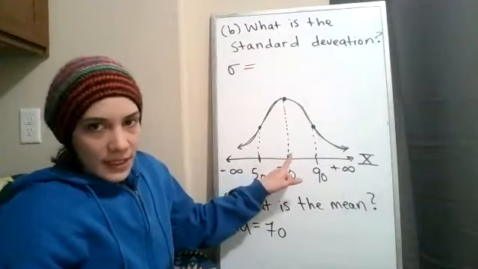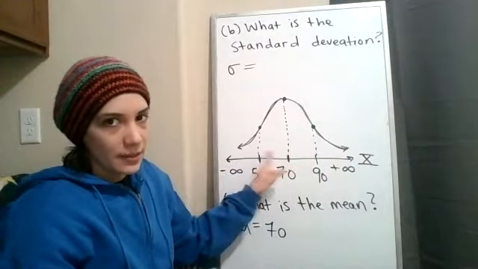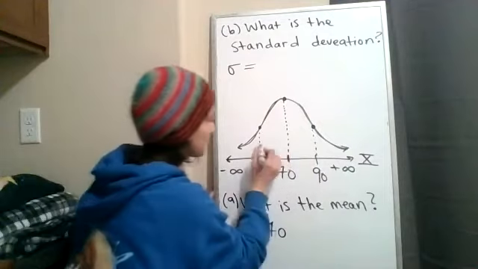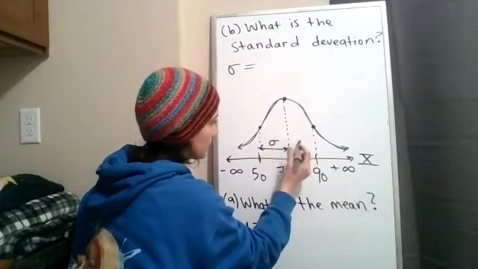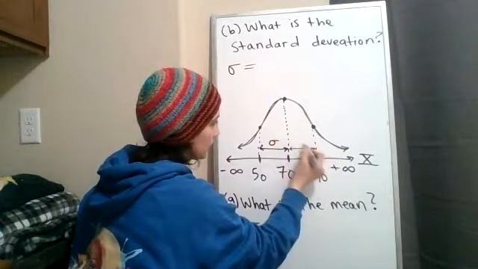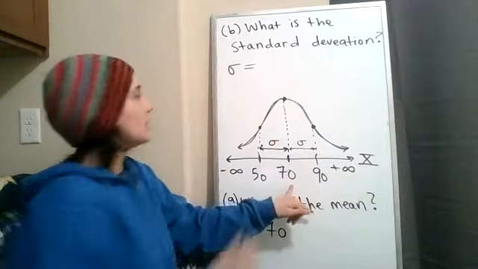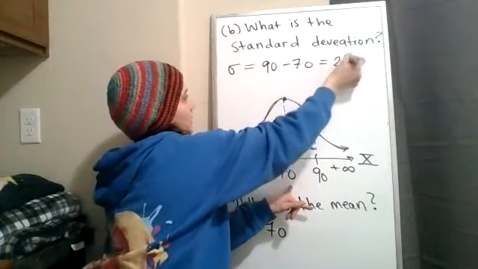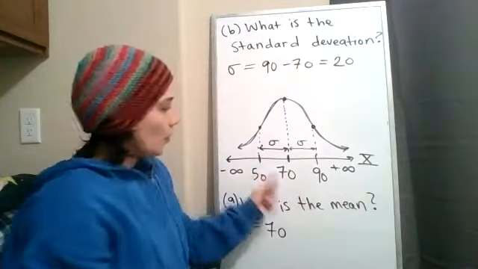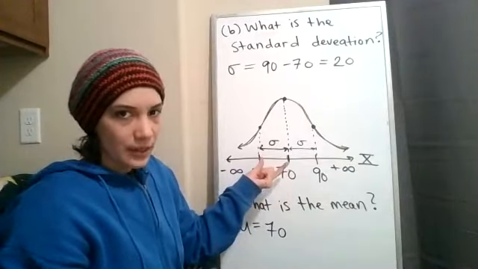So sigma is the distance from here to here, or you can find the distance from there to there. It's the same. So we can do 90 minus 70, which would be 20. Or you can take 70 and subtract 50, and that leaves the space that's between.